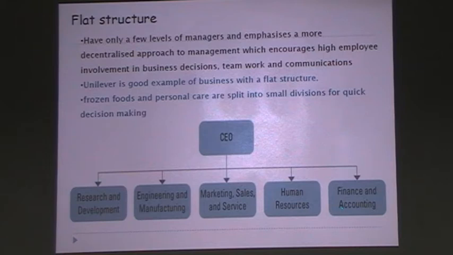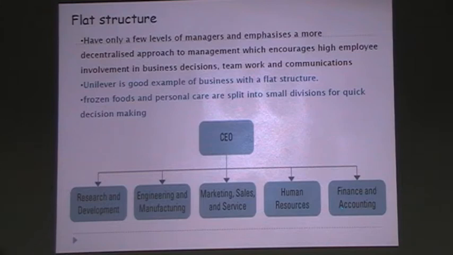A very good or classic example of an organization that uses the flat structure is Unilever. For example, frozen foods division and personal care are split into small divisions for quick decision making. Look at how important it is for communication to flow.